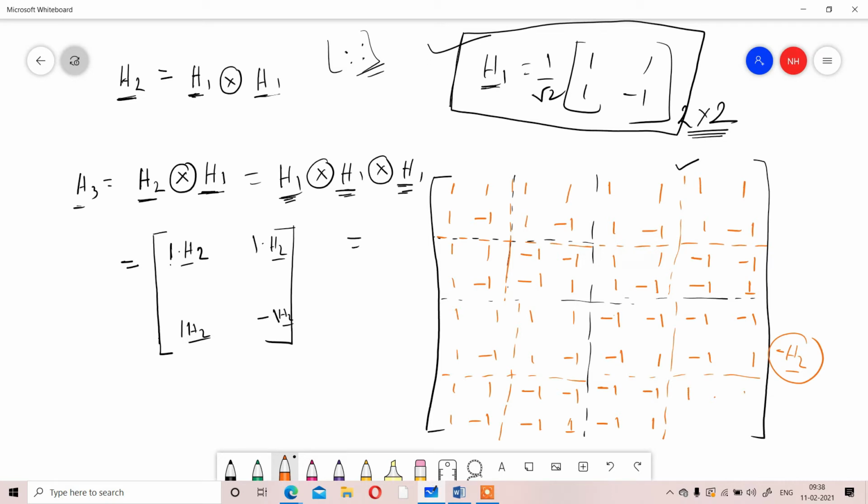So 1 1 1 minus 1. Okay, so that will be your internal matrix or the element of the H3 matrix, and that will be multiplied by 1 by root 2 to the power of the order, 3.